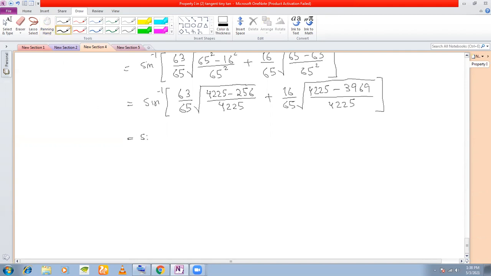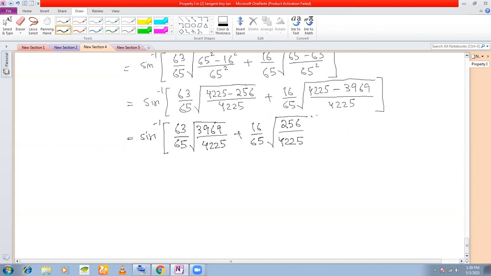So you have sine inverse 63 by 65 and root of this: 4225 minus 256 will be 3969, divided by 4225, plus 16 by 65, and the square root of this: 4225 minus 3969 is 256, divided by 4225.